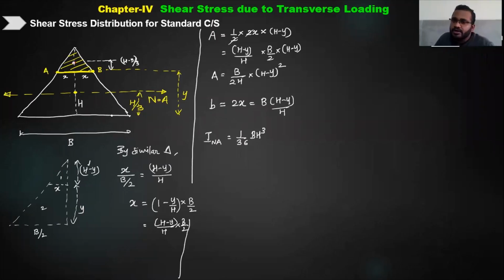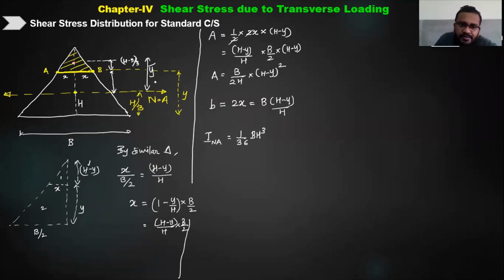But I don't want the centroid from the base, I want the centroid from the neutral axis. The total was y and this was (h minus y) by 3, and we want this particular distance, which is my y bar.